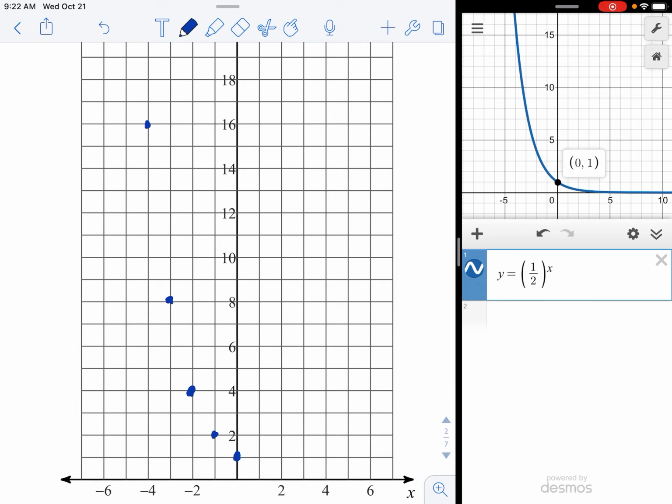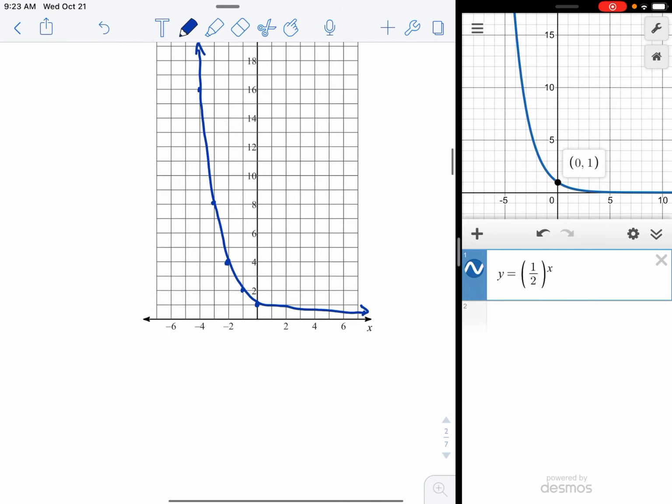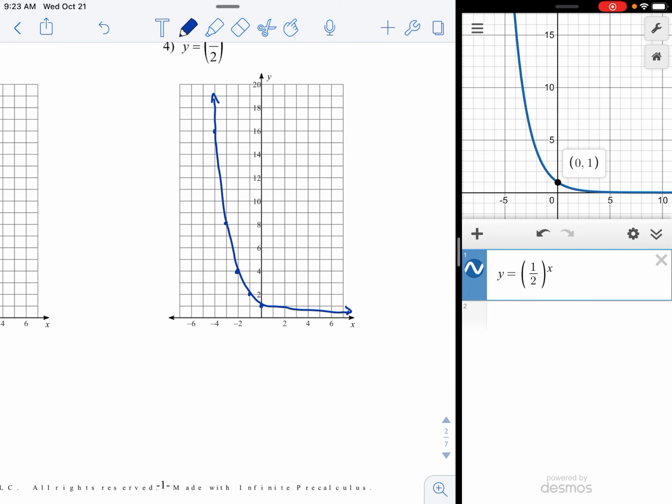I don't want you to draw something that looks like this when clearly the graph comes out here. But if you only do a couple of points and your curve is off a little, I'm not going to have a cow over that. That's not a big deal. So try to get your graph as accurate as you can. But there it is. There's our graph.